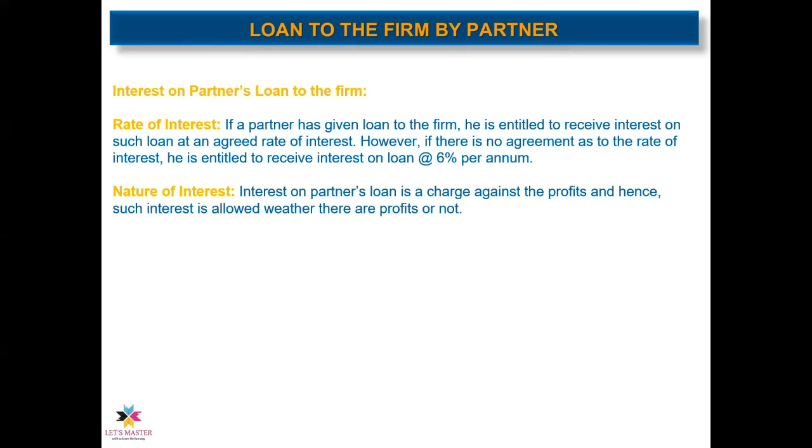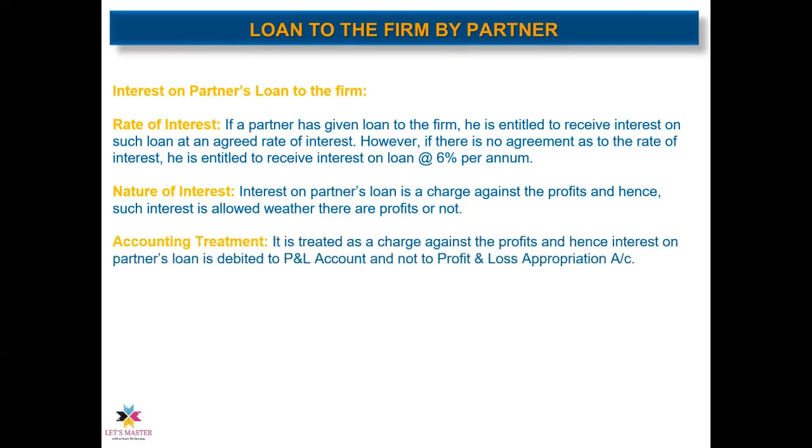Yes, they have a choice in terms of whether to pay it during this accounting period or the following accounting period, but they cannot deny the payment of interest on the loan to the partnership firm by the partner. They have to provide the interest either at the agreed rate or at the rate of 6% per annum. And as this is a charge, it will be shown in the profit and loss account and not in the profit and loss appropriation account.